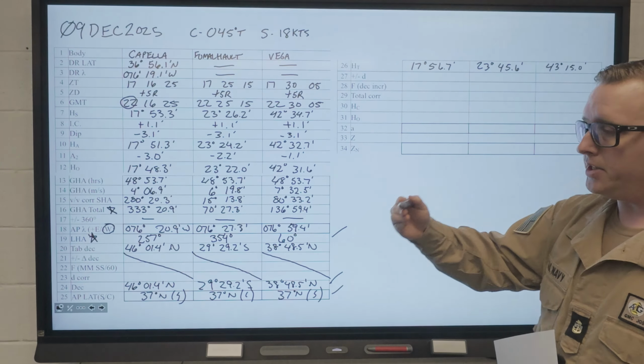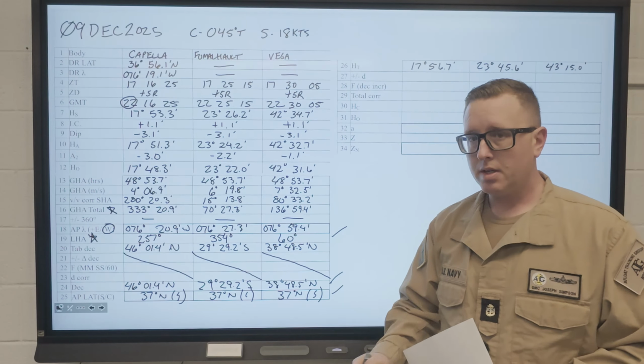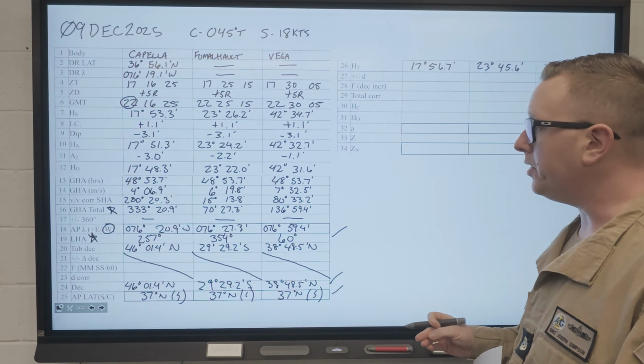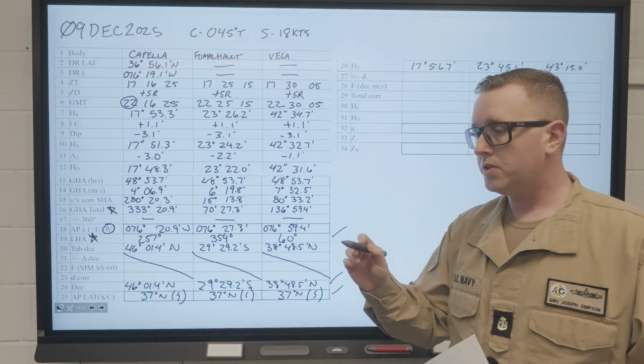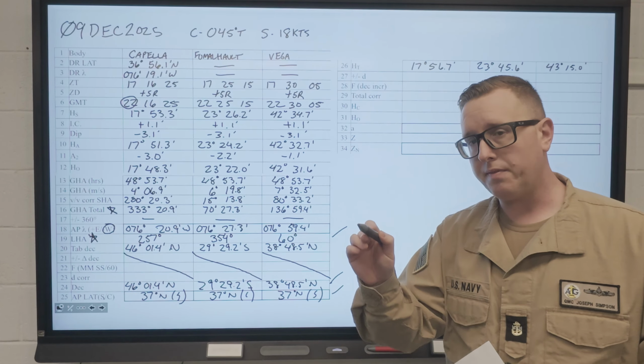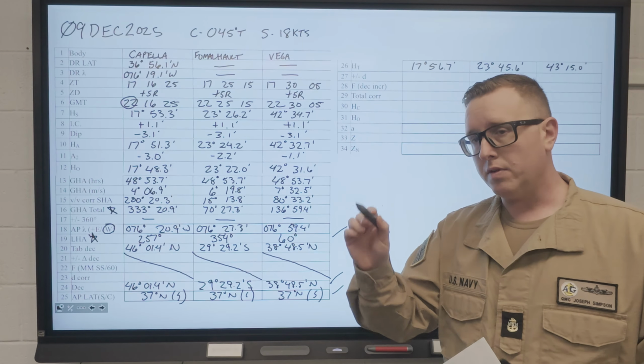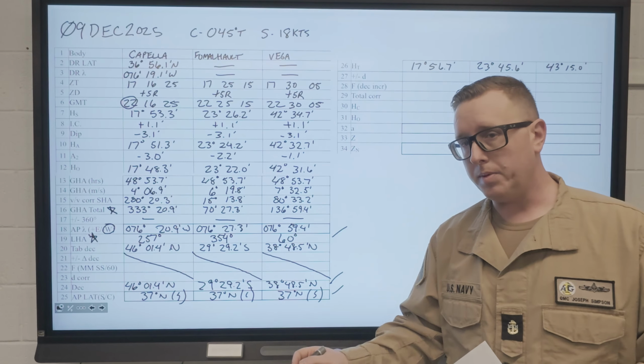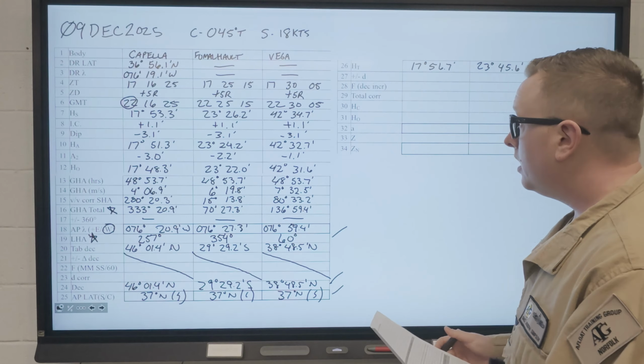Right next to that HC value was that little d. You're going to take that value, and it doesn't show positive or negative throughout the whole thing. It just has it on that first one. Whatever that first one is, it's going to be that one.